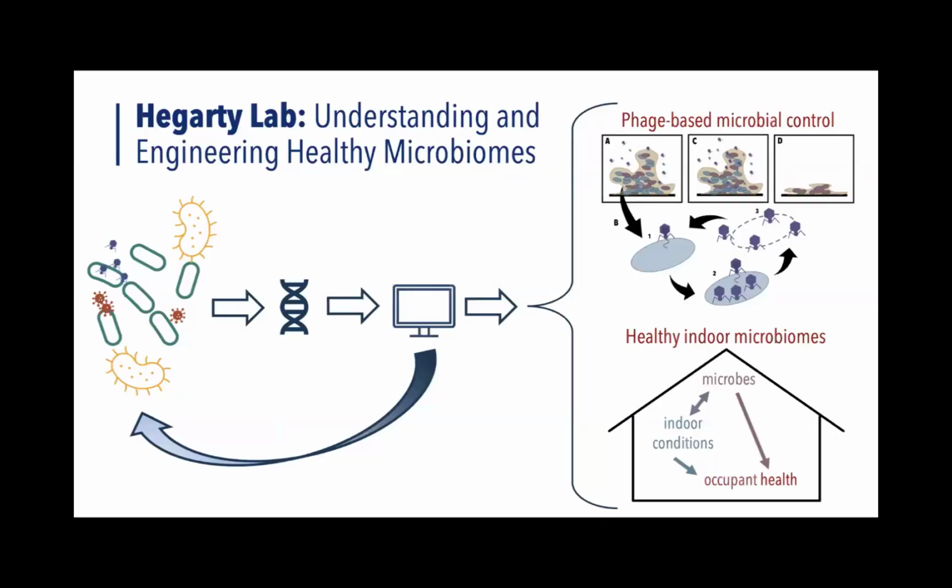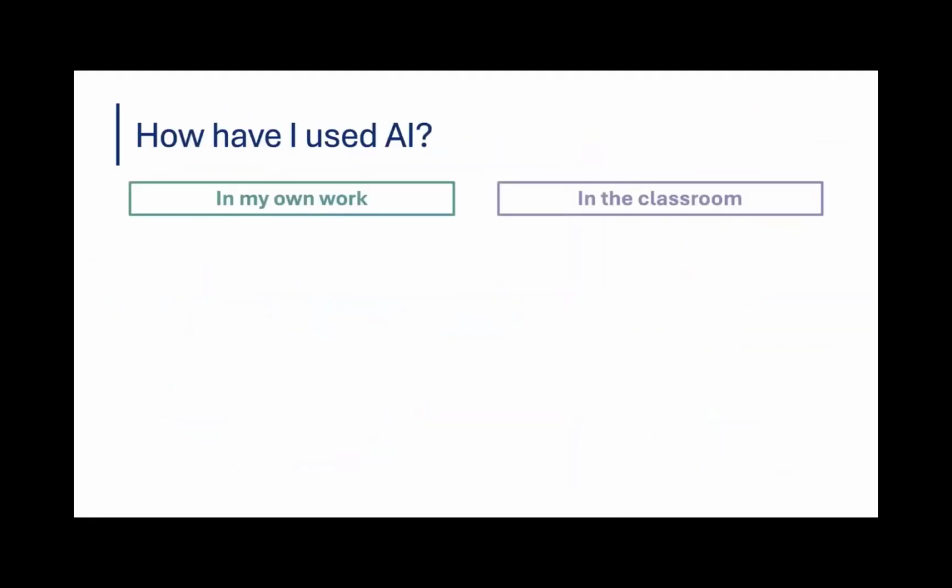My research uses a lot of bioinformatic tools, both in the approaches we take to understand microbiomes, and in developing new methods. I'm particularly thinking about phage biocontrol and healthy indoor microbiomes, to be able to engineer healthier microbiomes.